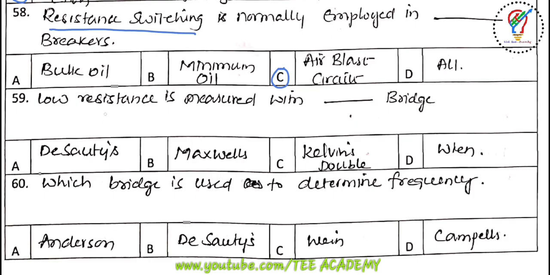Low resistance can be measured with the help of Kelvin's double bridge. This question was asked in around 2017 in the AP Transco or Genco exam; I don't remember exactly, but it was mostly asked there. So it is Kelvin's double bridge.